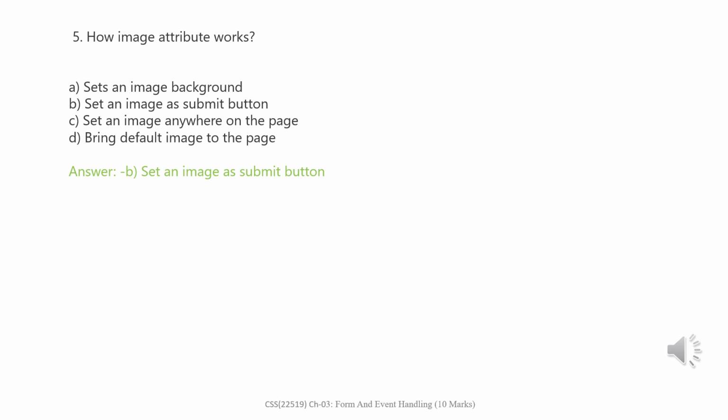Input type image sends the x coordinate and y coordinate, and that's why after clicking that image, it is activated like the submit button. Okay. Now these are the MCQs for our input tag elements.